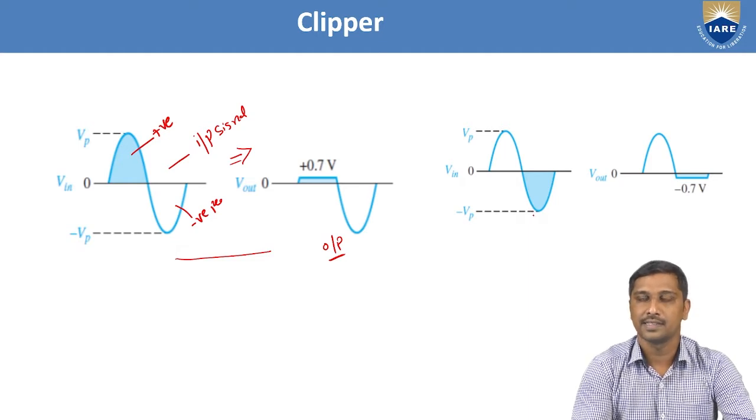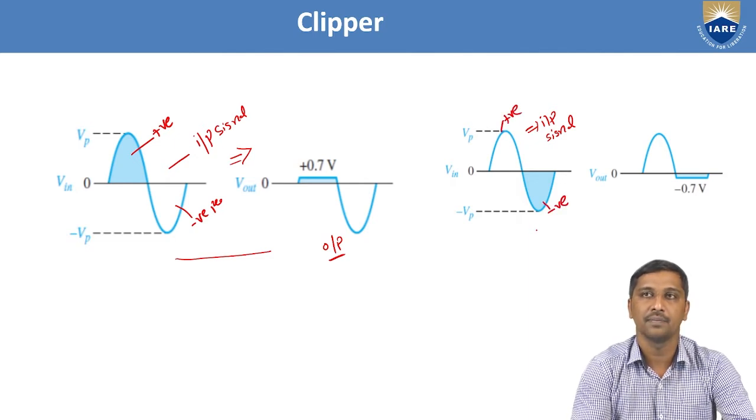Similarly, in the second case, let us consider this is a given input signal, and again it contains both peaks, the positive peak as well as the negative peak.